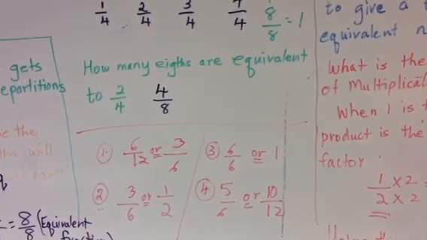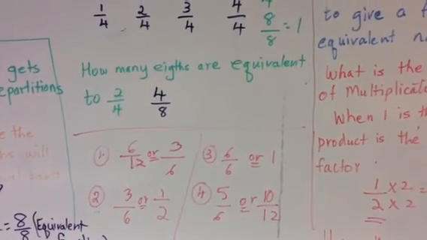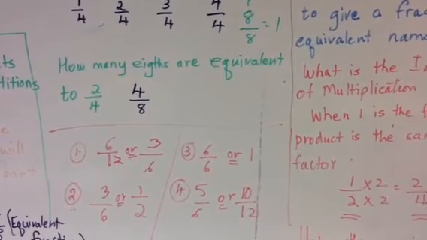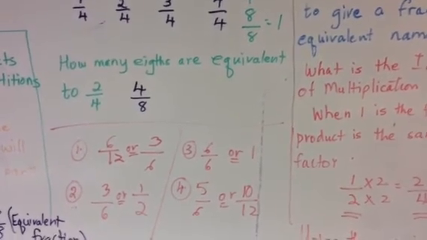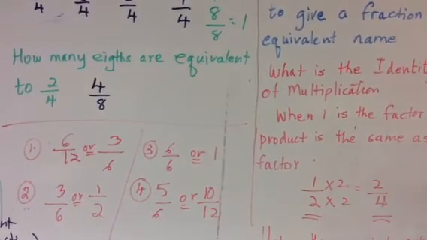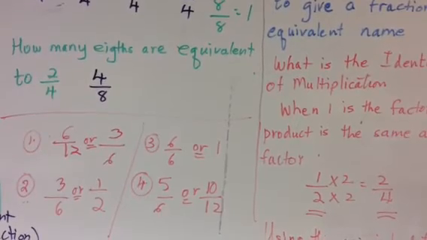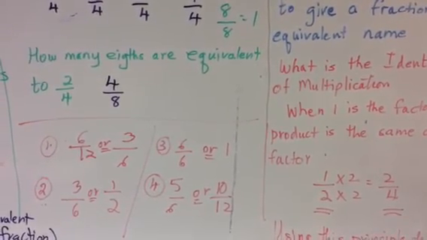So you're multiplying by 1 because 2 over 2 is 1, and that's what the identity property of multiplication is. When you multiply by the factor 1, the product is equivalent to the first one. And also 10 over 12: half of 10 is 5, half of 12 is 6.